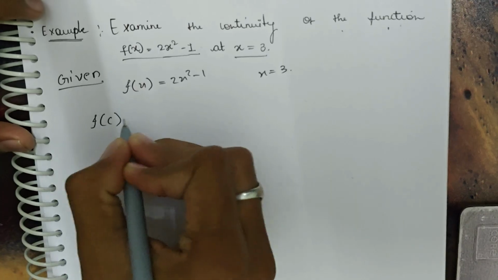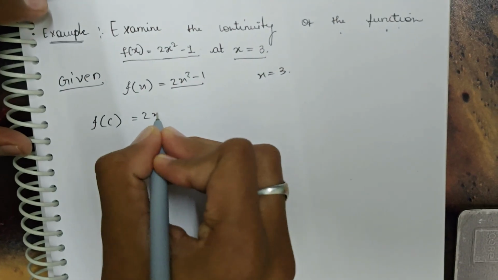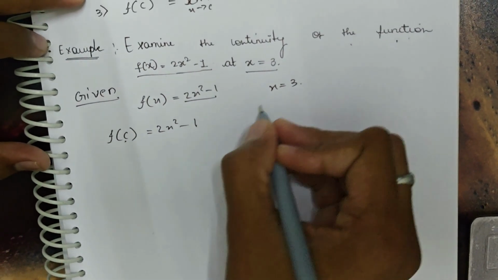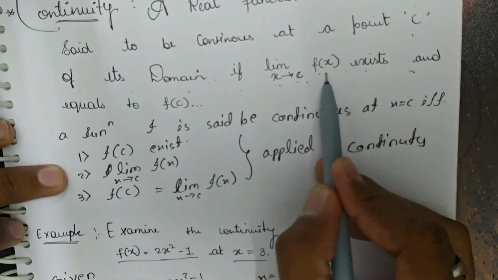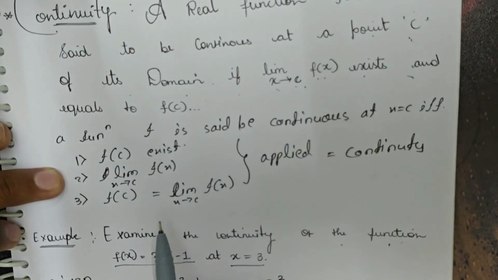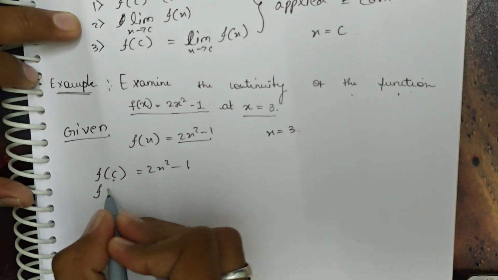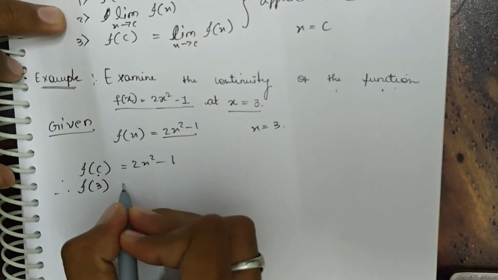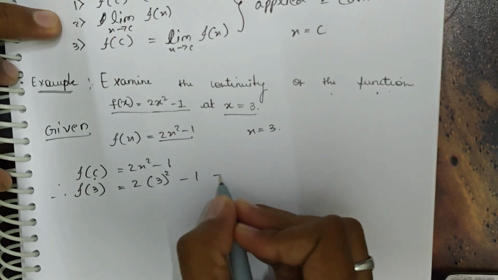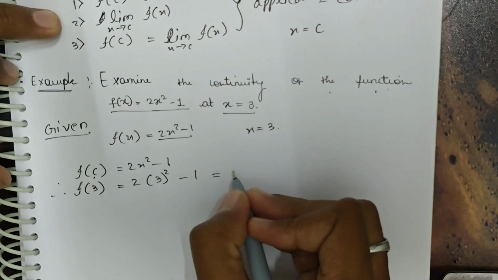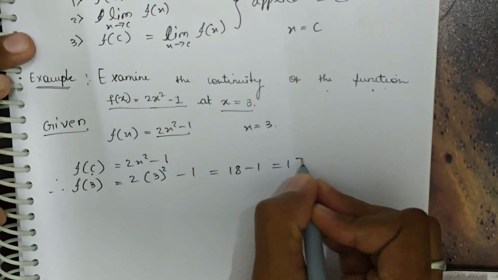Here c is 3, so f of 3 is equal to 2 times 3 square minus 1. 3 square is 9, 2 into 9 is 18, minus 1, that is 17.